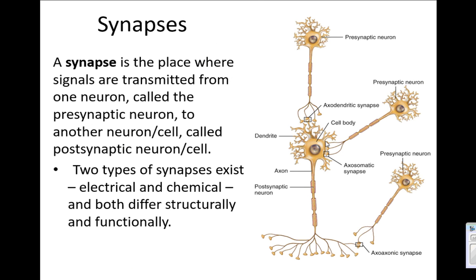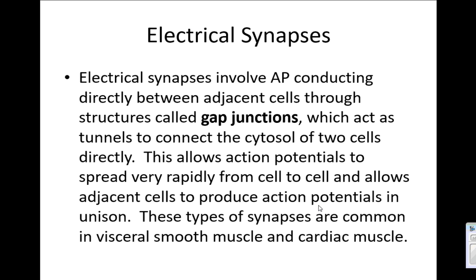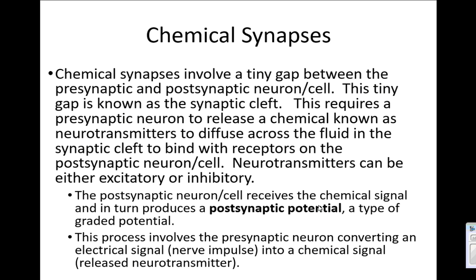I guess I will go back to it. There's a little gap in there between that axon terminal or that synaptic end bulb and that dendrite, between those bulbs and that cell body, or even between that bulb and that bulb. That gap is called the synaptic cleft.